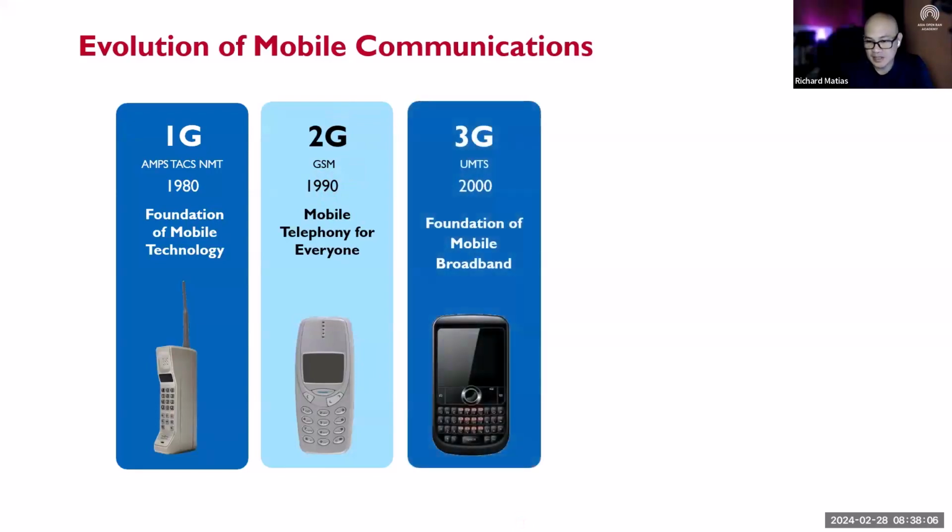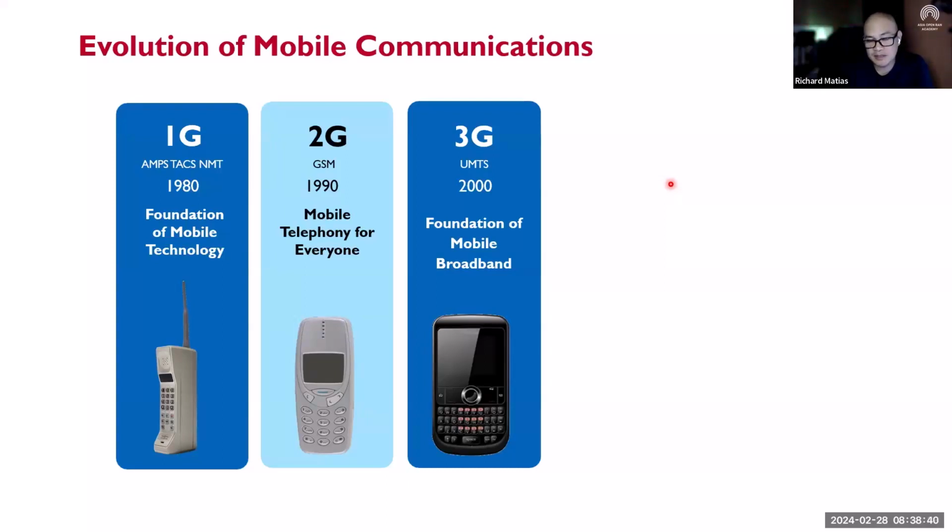And then there was a rapid demand for faster data speeds, and that's why the foundation of mobile broadband emerged in the likes of 3G, or the Universal Mobile Telecommunications System. This was released in 2000, where people were given the opportunity to have mobile broadband.